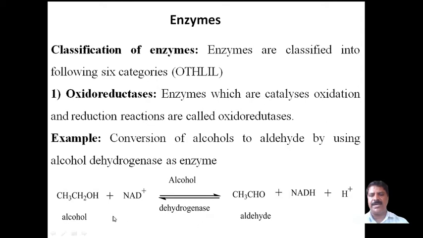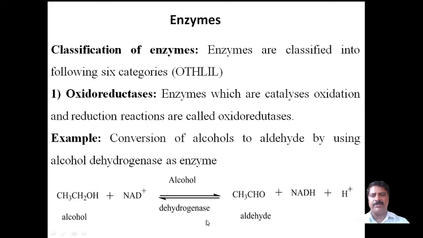This is where oxidation and reduction take place. The alcohol undergoes oxidation, and the NAD plus, because it is already in the oxidized state, undergoes reduction. Reduction takes place here and oxidation takes place there.